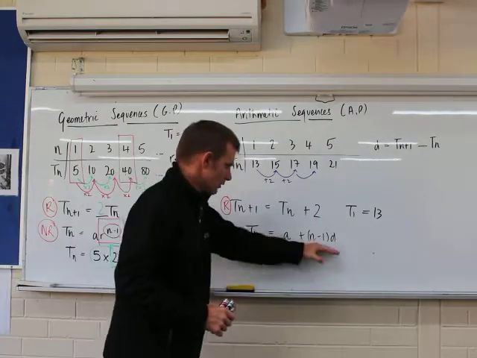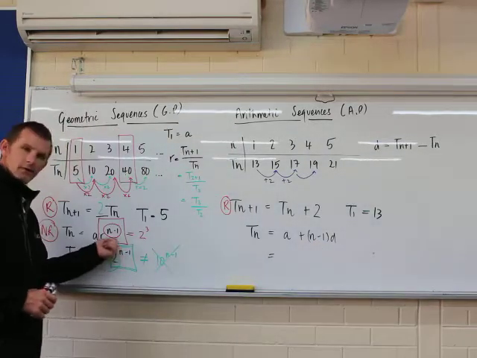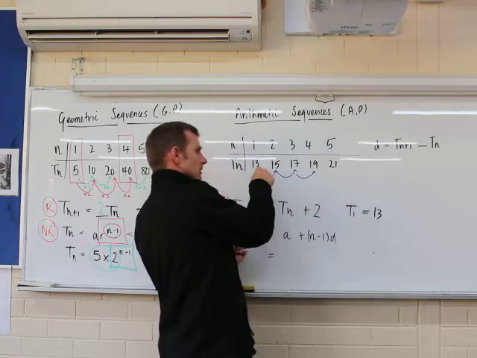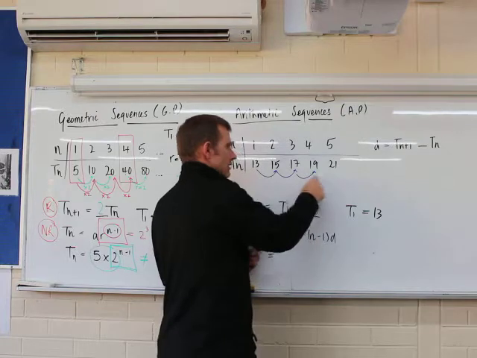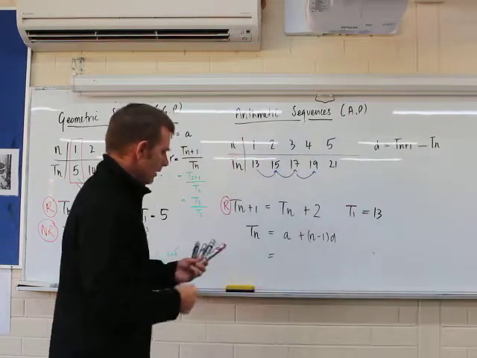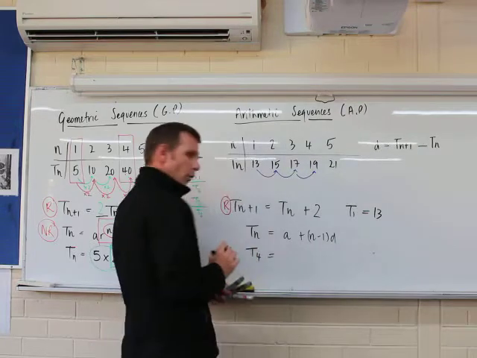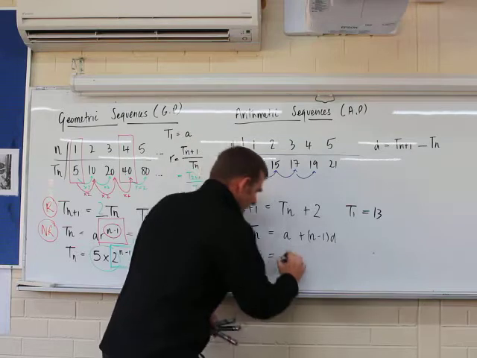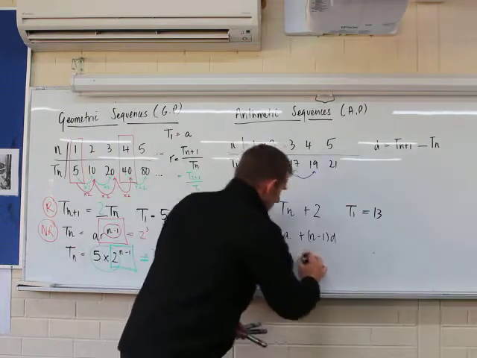Our non-recursive here. Let's talk about this n minus 1. Very, very similar to over here. If I was going to go from this term here to this term here, I'm making 1, 2, 3 jumps. Same as what I did over here. Now, that would mean I'd kind of be working out T4. This is saying the first term, so that's really like my 13, plus n minus 1.